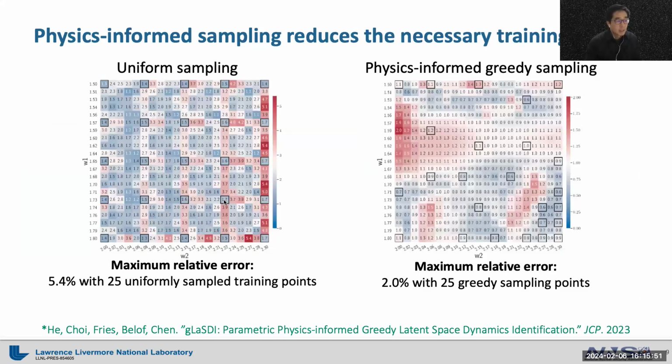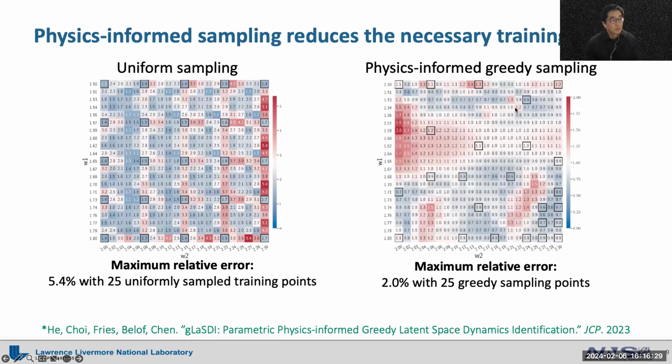So very nice. If you bring the physics into the sampling procedure, you can actually reduce the number of training data and achieve better accuracy for this particular illustration. If you use uniform sampling in this two-dimensional parameter space, I think the physics was the spiral attraction problem, then using 25 data points, the maximum relative error is 5.4%.